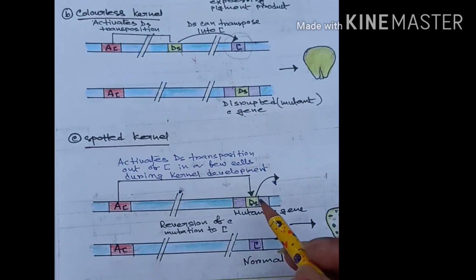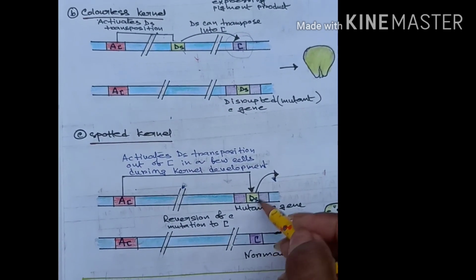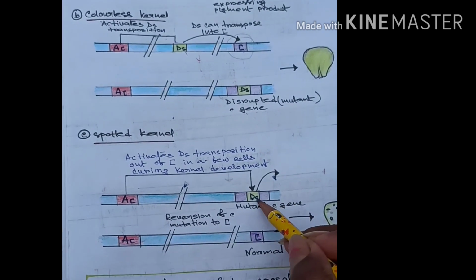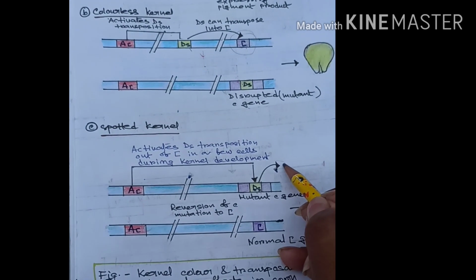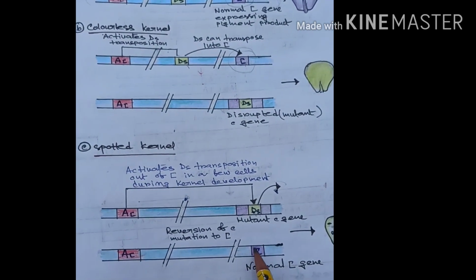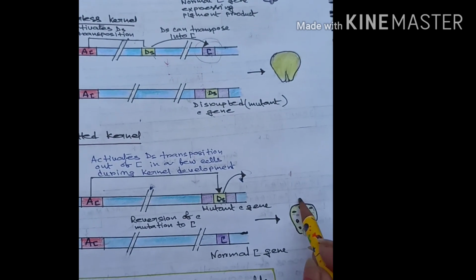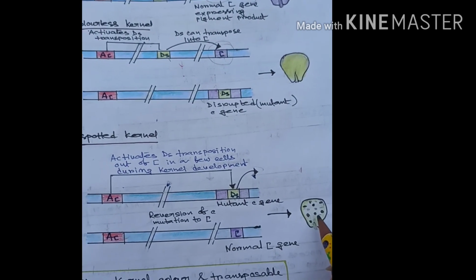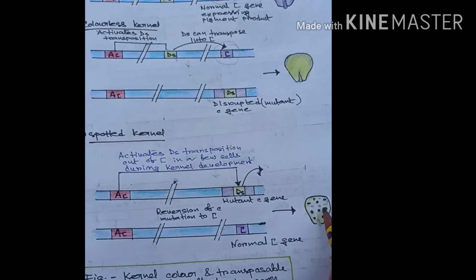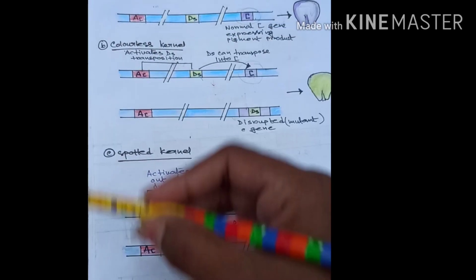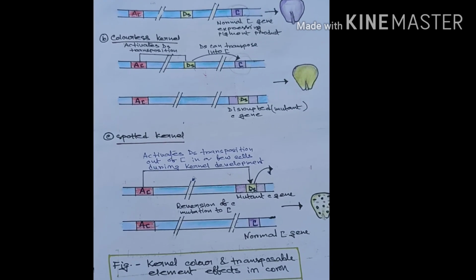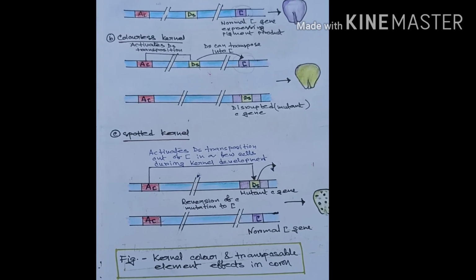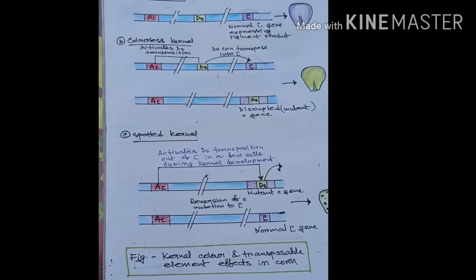And again, the DS element in presence of AC can jump out from that gene. So it will be purple again, but not fully. Here the kernel is colorless with purple spots. This is the overall experiment done by McClintock, and after 40 years she was awarded the Nobel Prize.